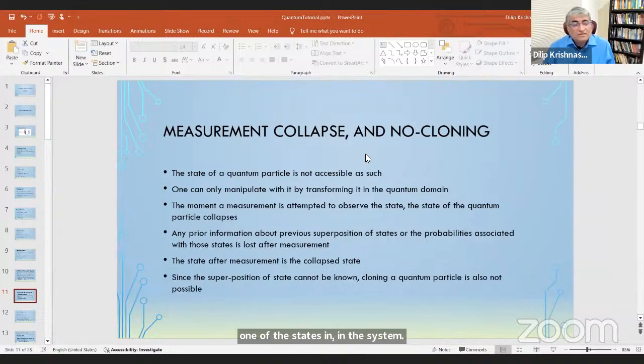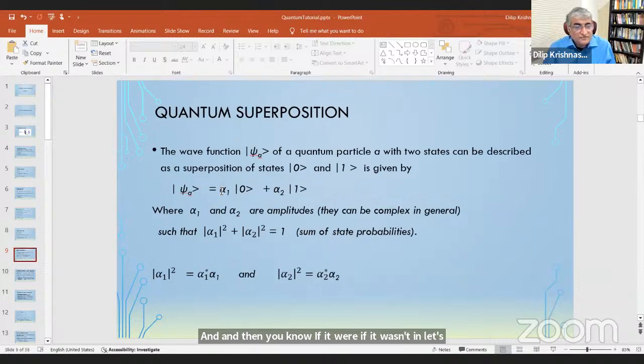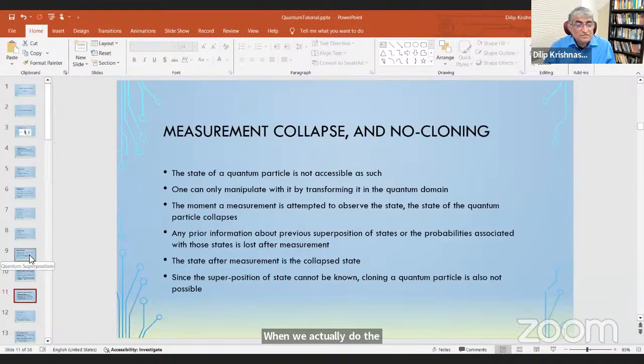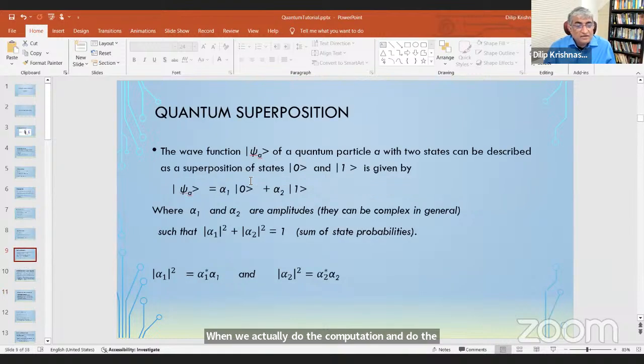If it had a probability of alpha 1 square of being in this state, say spin up, and a probability alpha 2 square of being in the other state, with the total probability 1, then when we actually do the computation and do the measurement, it could collapse to either this state or this state, but once you measure it becomes that state.